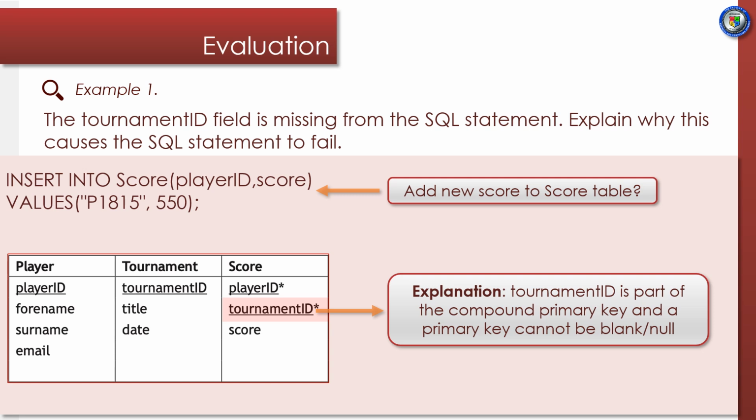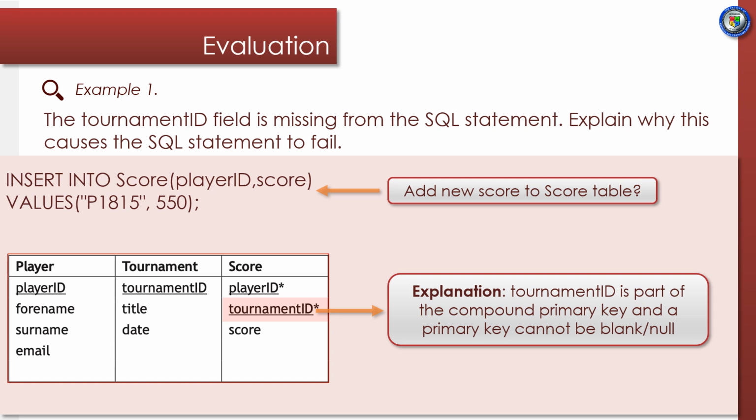The tournament ID, as we can see, is part of a compound key, and as such is a primary key and cannot be left blank or null. It must contain some information. We can see from the structure of the database that player ID is the primary key in the player table, tournament ID is the primary key in the tournament table, and both are foreign keys, but also primary keys in the score table.